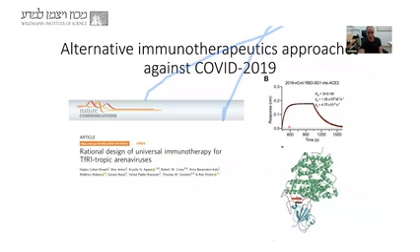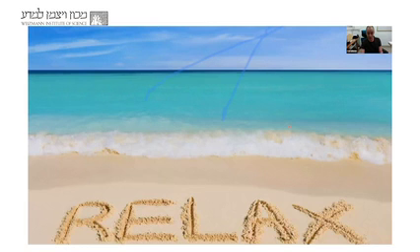So with that, I would like to end with this more optimistic slide. In general, it's good to relax. I selected this particular slide because it shows summer. And we know that upper respiratory tract viruses, and all the other respiratory tract viruses that we know about, are attenuated during summertime.